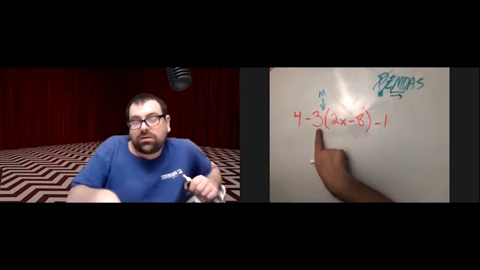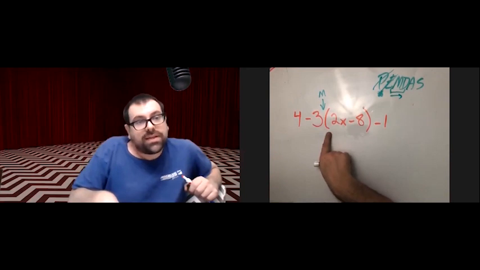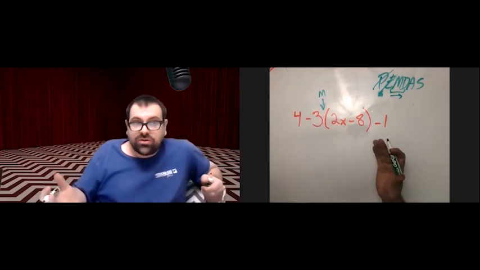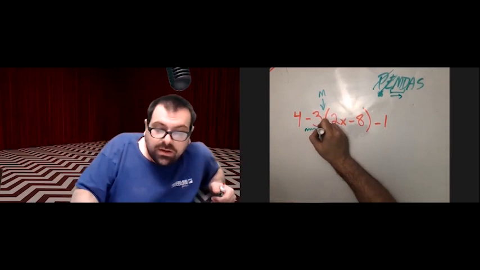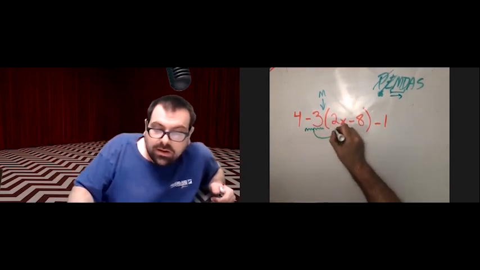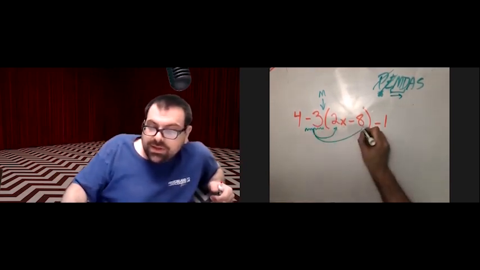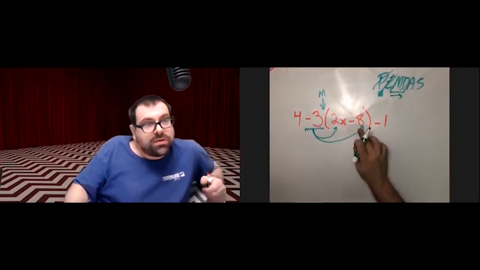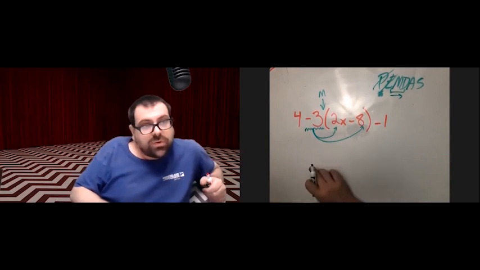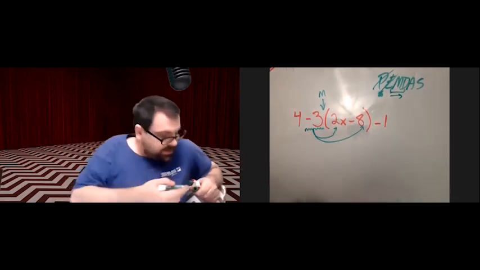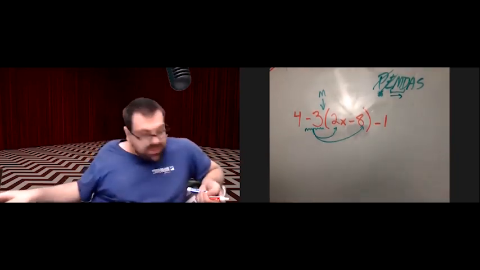How do we handle a number next to a parenthesis? Distributive property. What are we distributing? The negative has to come with it. And since there's two terms, we're going to end up with two swings with the distributive property. Everything that's unrelated can just get copied down.